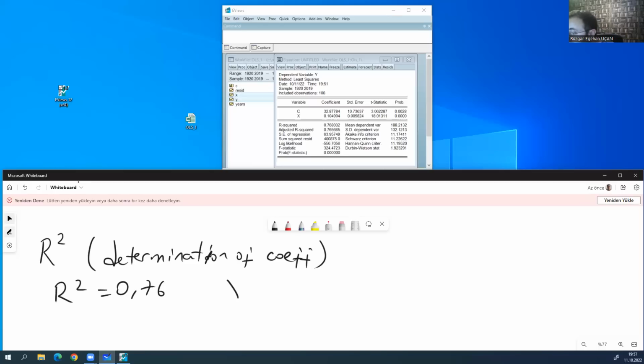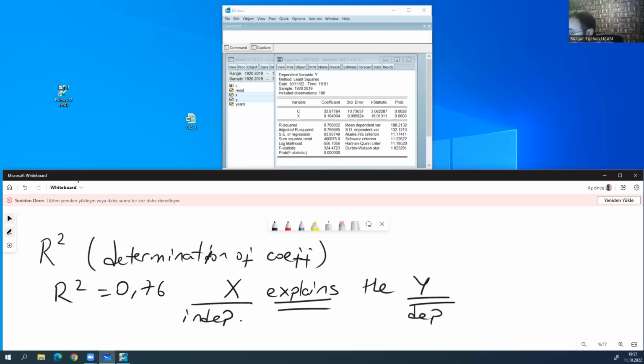This means X explains Y. This means the independent variable explains the dependent variable as 76%. So R squared means like that.